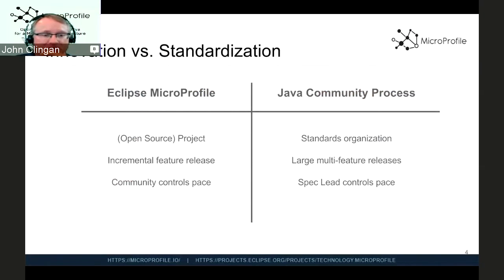We can try things out. Some things may work out, some things may not, and that's just part of the innovation process. So we're definitely not trying to standardize per se within Eclipse MicroProfile. I just thought I would make that comparison.